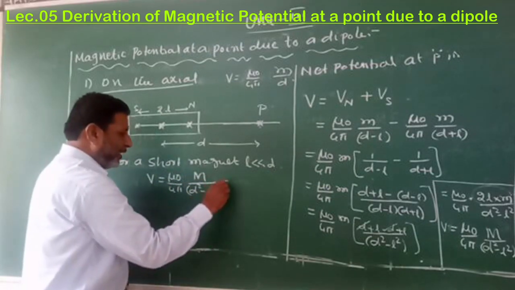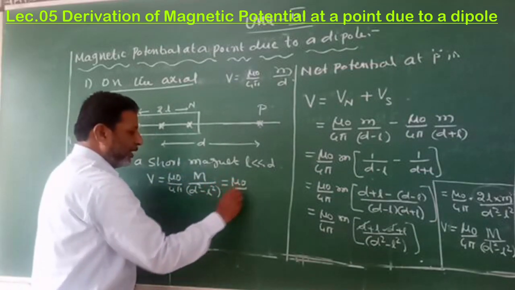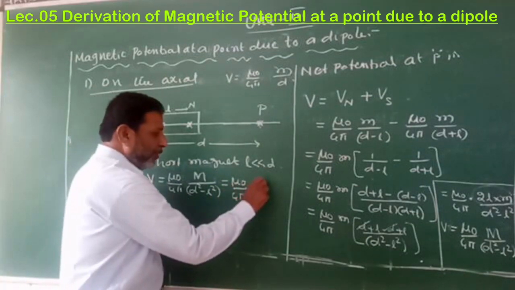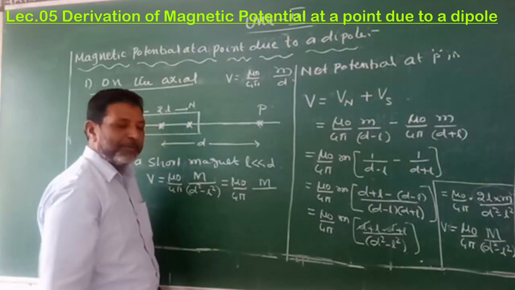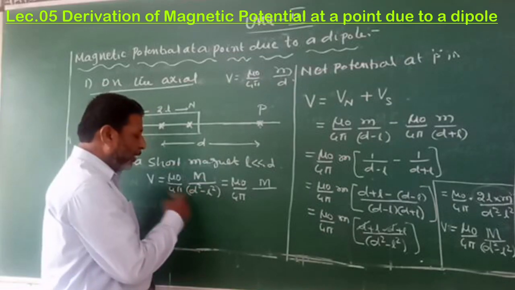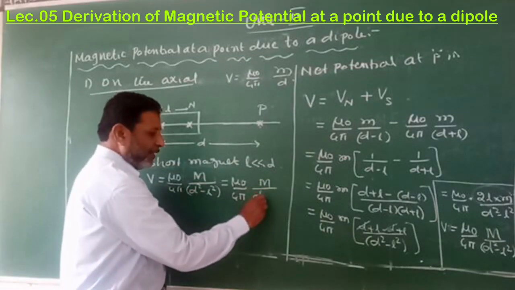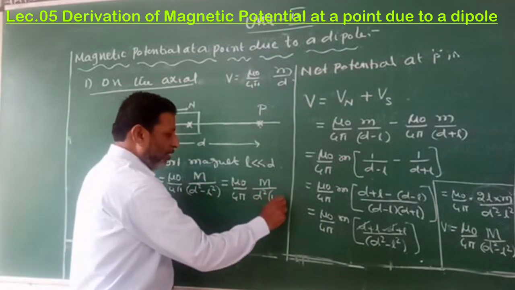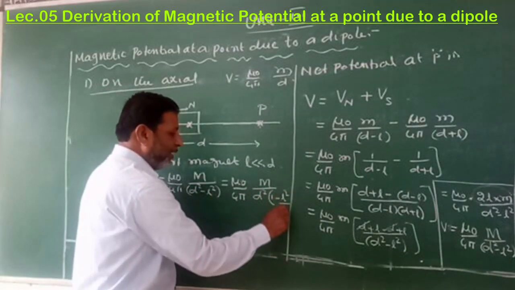Now we can write this as mu naught divided by 4 pi, m as it is, divided by d square, taking d square out, times 1 minus L square divided by d square.